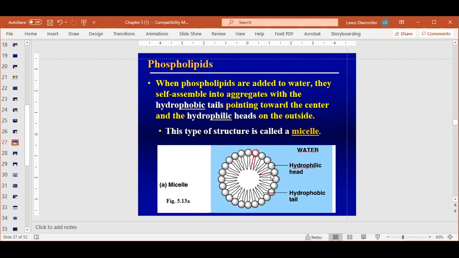And the tails are hydrophobic, so they're always going to line up away from water. So this is an automatic thing. If you put a phospholipid in a glass of water and you shook it up, it would form this structure. This structure is called a micelle. You should probably know that. That's a term that's commonly used in biology. But this is the structure.